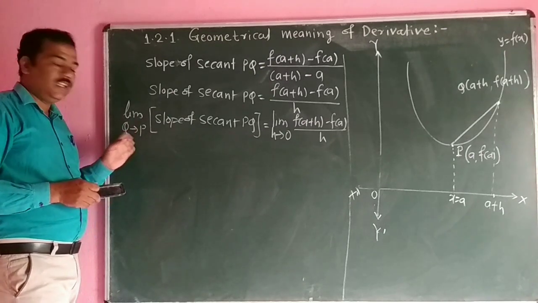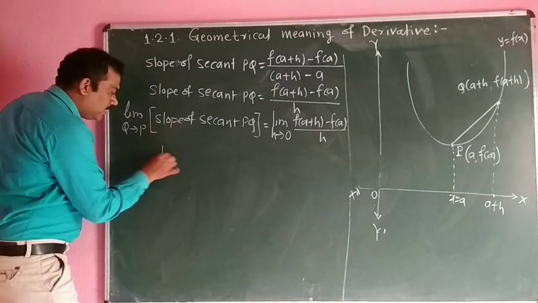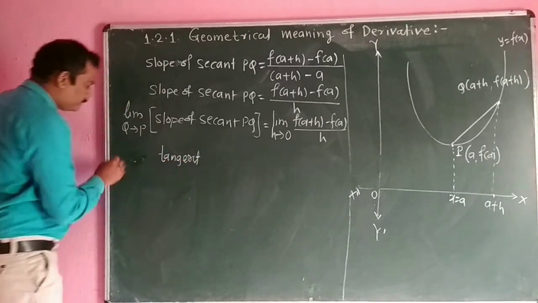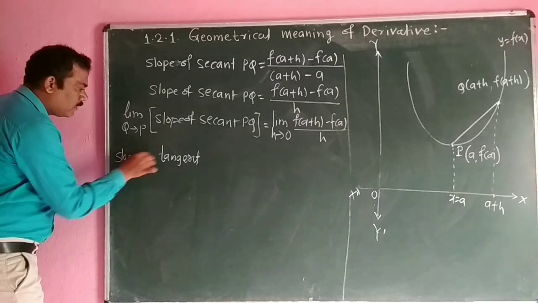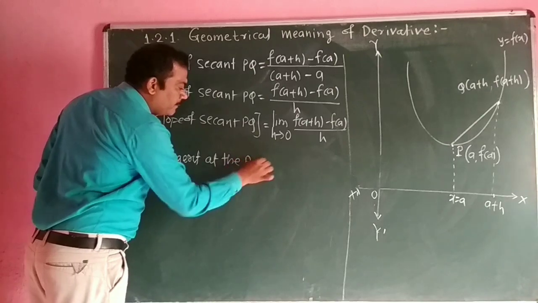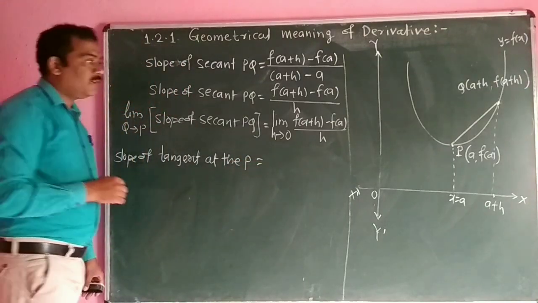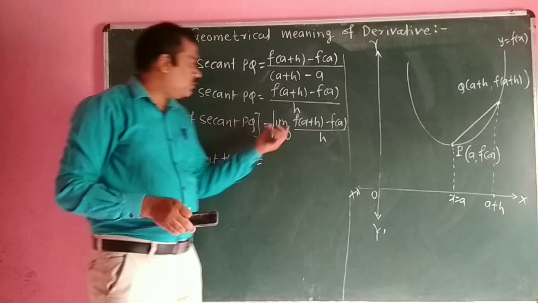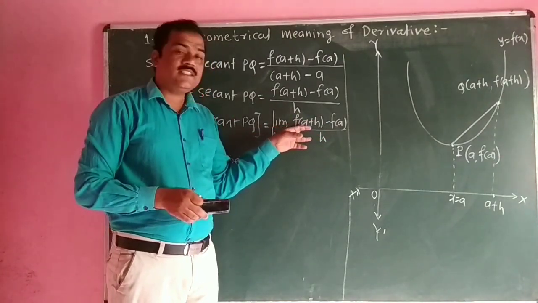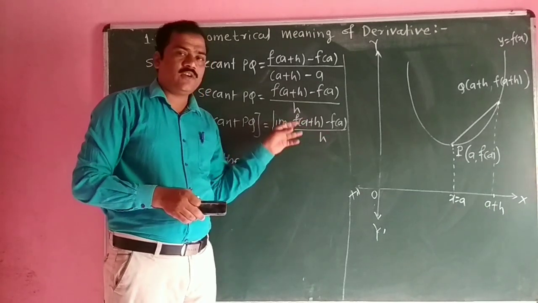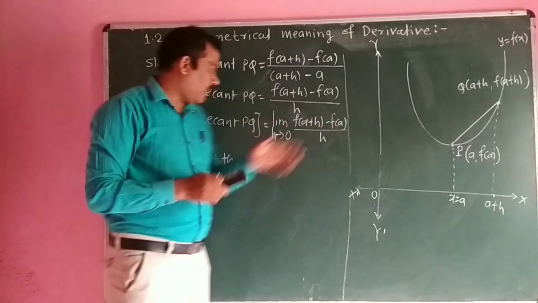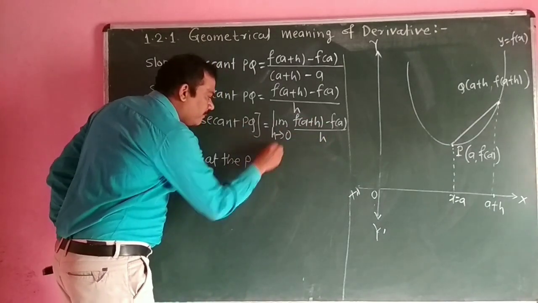When we apply this limit, this is nothing but the slope of the tangent at the point P. Now we have to know that by using the first principle of derivative at a particular point x is equal to a, its value is nothing but f dash of a.